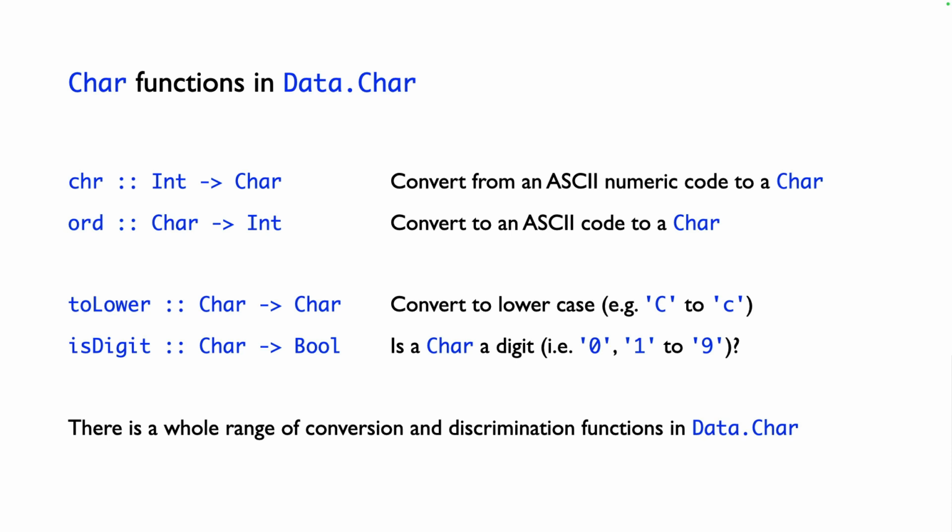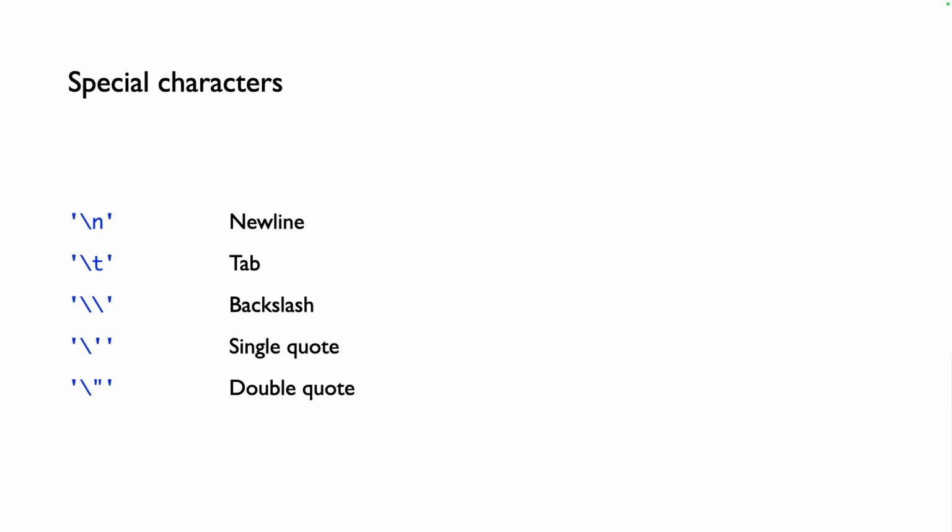Is it 0 or 1 or 9, or is it something entirely different? And so there's a whole range of those conversion and discrimination functions in Data.Char. And if you type :browse Data.Char, you can see them listed. And it's obvious what they do from their name. So that covers the main purposes of characters.